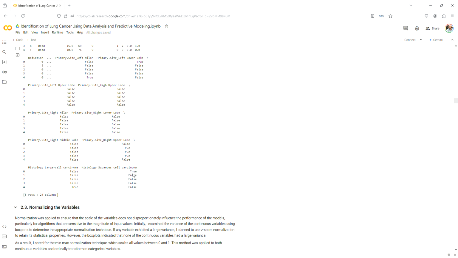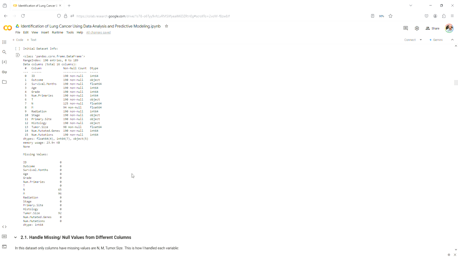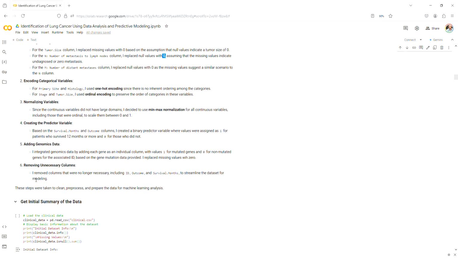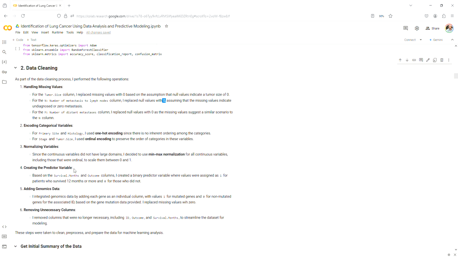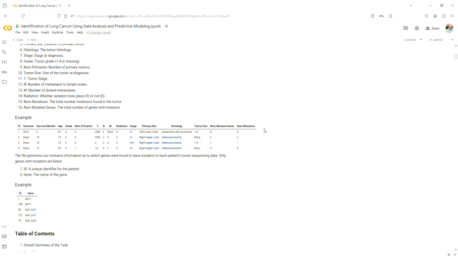Now, third is the creation of the predictor variables. I don't have any predictor variable which represents which patient survived 12 months or not.